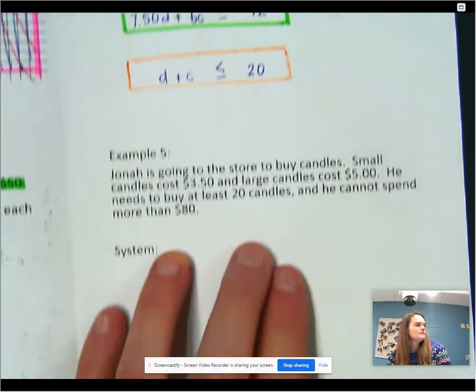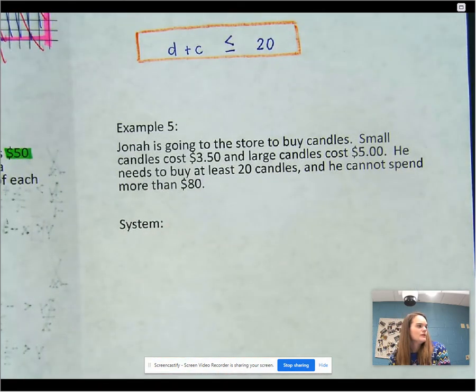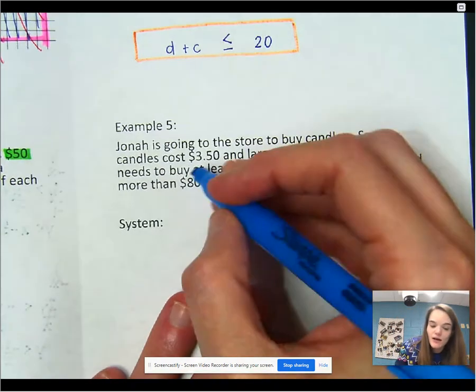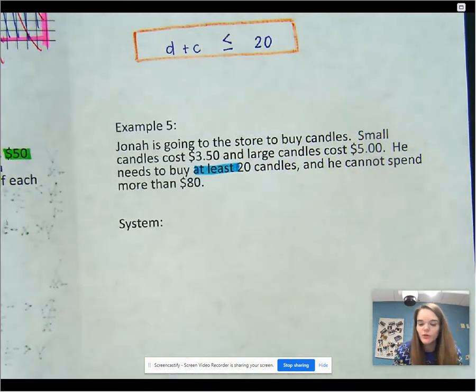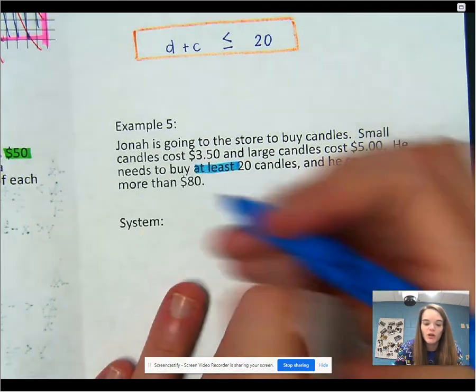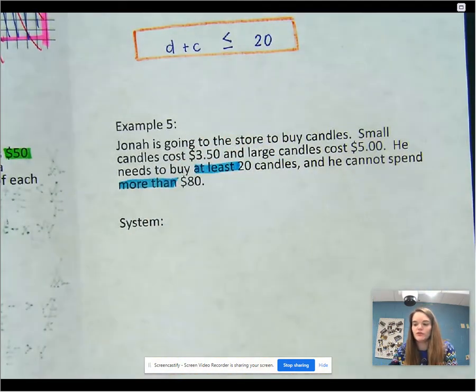Now, number 5. If you haven't paused it, do it. Jonah is going to the store to buy candles. Small candles cost $3.50 and large candles cost $5. He needs to buy at least 20 candles and he cannot spend more than $80.